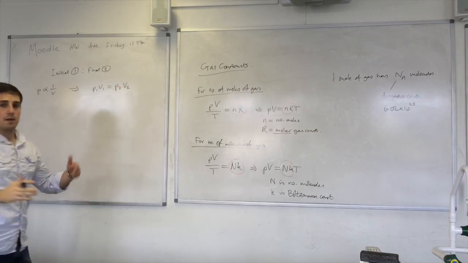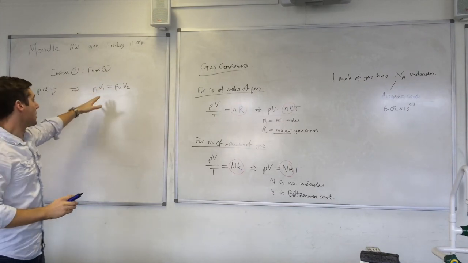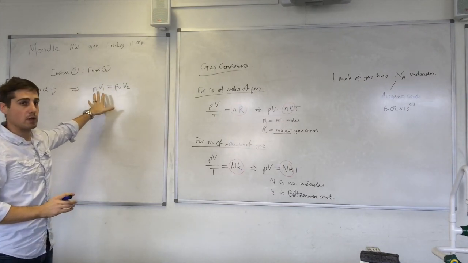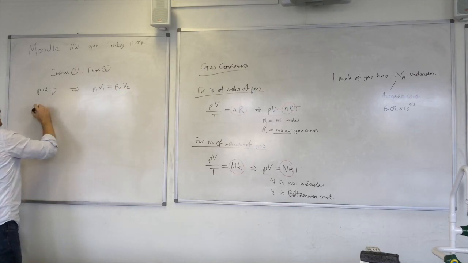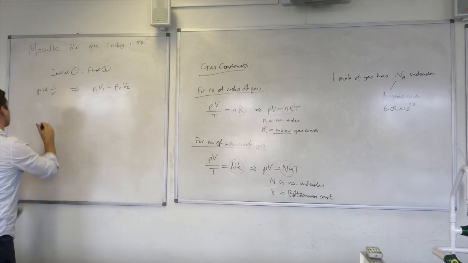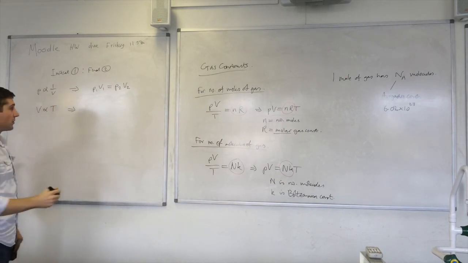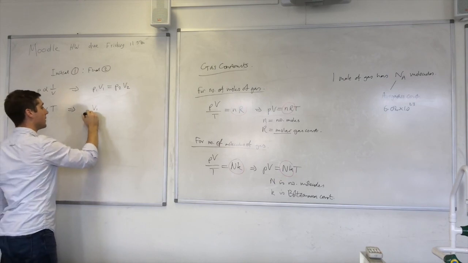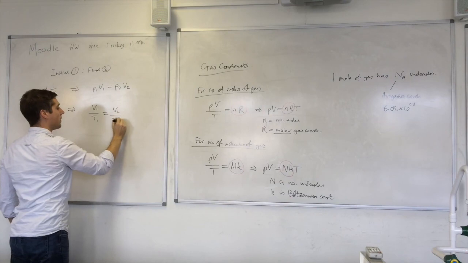In a question requiring use of this, you'd be given 3 of those values and you'd need to find the 4th one. For V proportional to T, then V1 divided by T1 is equal to V2 over T2.